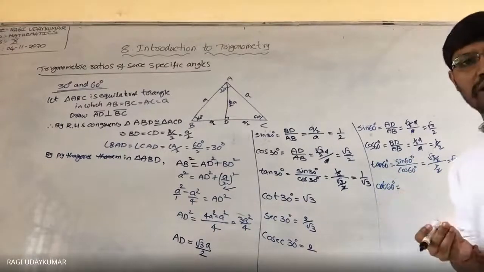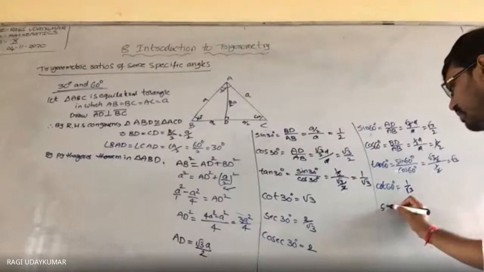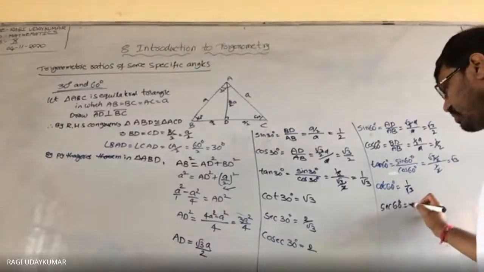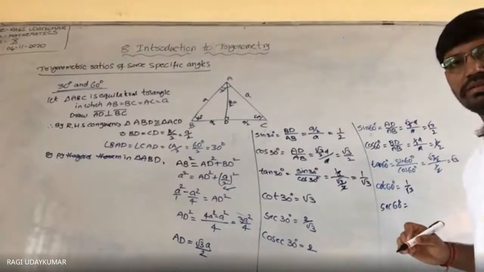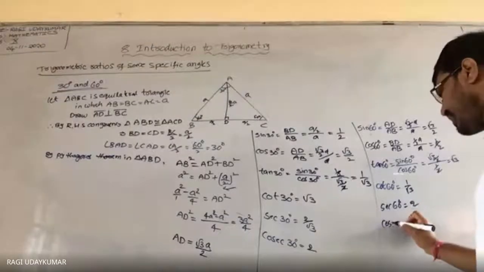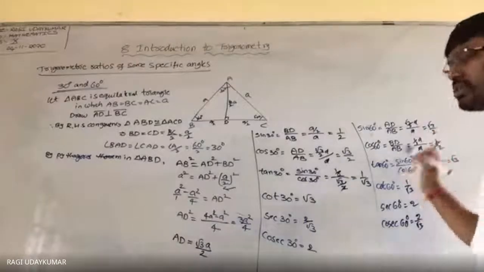Tan 60 is root 3, so cot 60 is 1 by root 3. Very good. Secant 60 degrees is 2. Very good. Cosec 60 degrees is 2 by root 3. Reciprocals only you have to do.